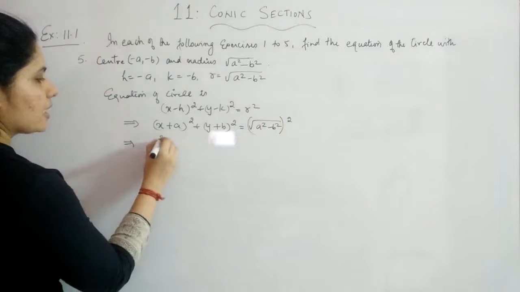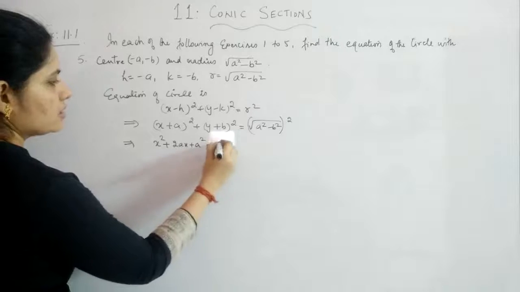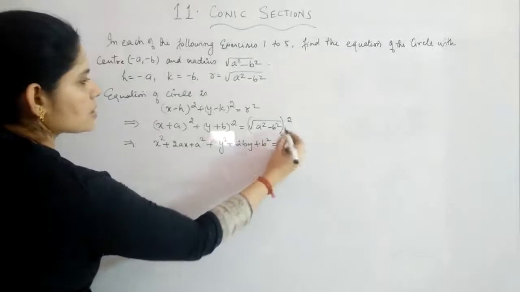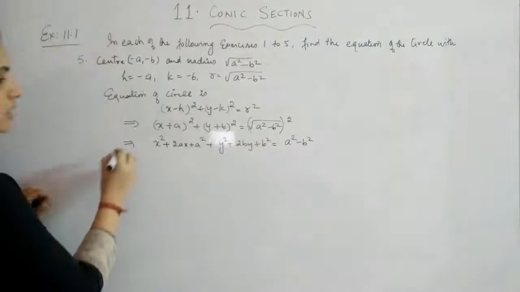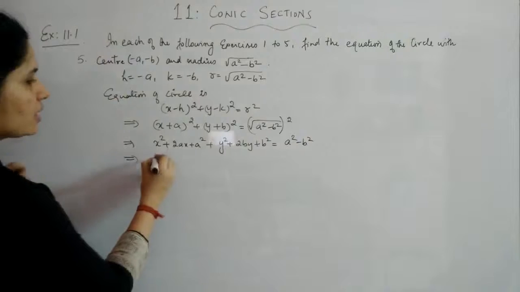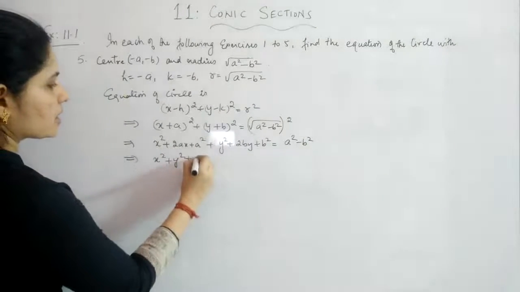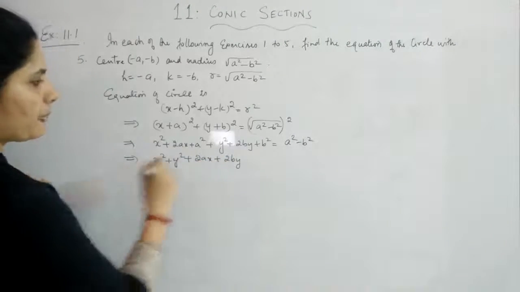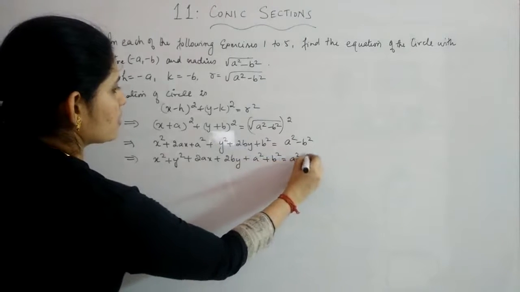Expanding this, you will get x square plus 2ax plus a square plus y square plus 2by plus b square is equal to, root and square will give you the term alone, that is a square minus b square in the right hand side. Now writing the first term x square, then y square term, then x term which is 2ax, then y term which is 2by, then you have plus a square plus b square equal to a square minus b square.